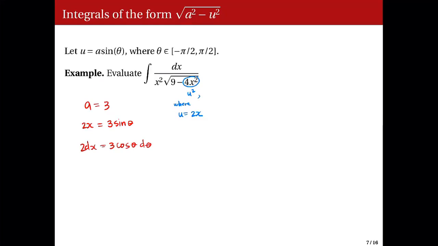Also from here, we need x squared only. So we write x equals 3 sine theta over 2, so x squared is equal to 9 sine squared theta over 4.